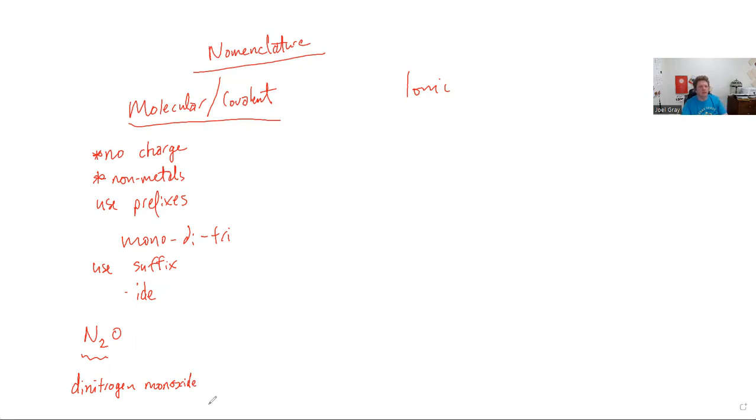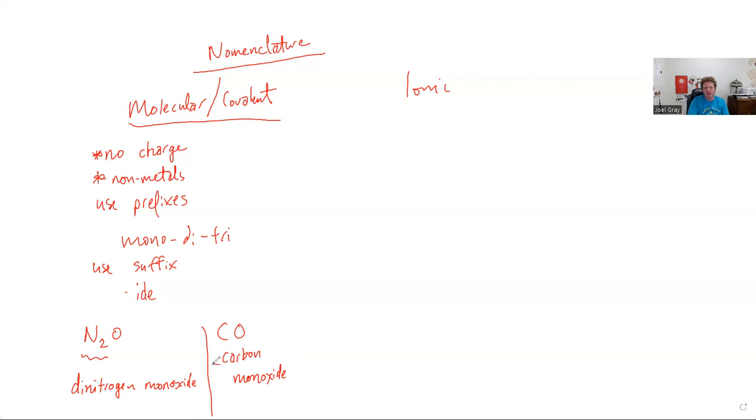You probably have some examples where you've used these rules and you haven't even realized it. For example, CO. What is that? Well, this is one exception to the rule. You probably know this as carbon monoxide, and that is the correct name for this compound.